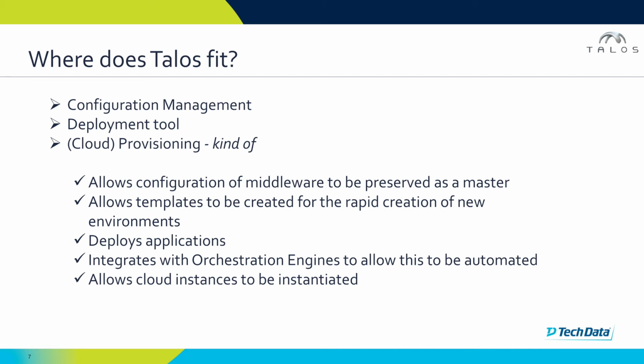It integrates with orchestration engines to allow all of the steps that need to happen for configuration or build out scenarios to be automated. And you can instantiate cloud instances. So we work with Azure, AWS, SoftLayer to use those infrastructure as a service services, so we can call into existence new instances of infrastructure to build on, even if it's out in the cloud.